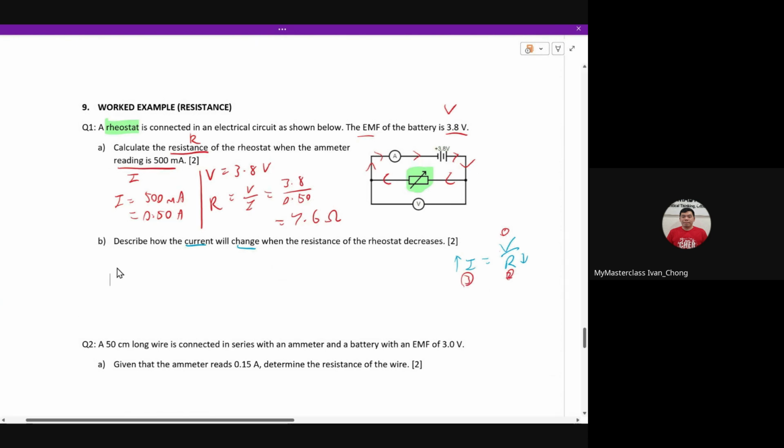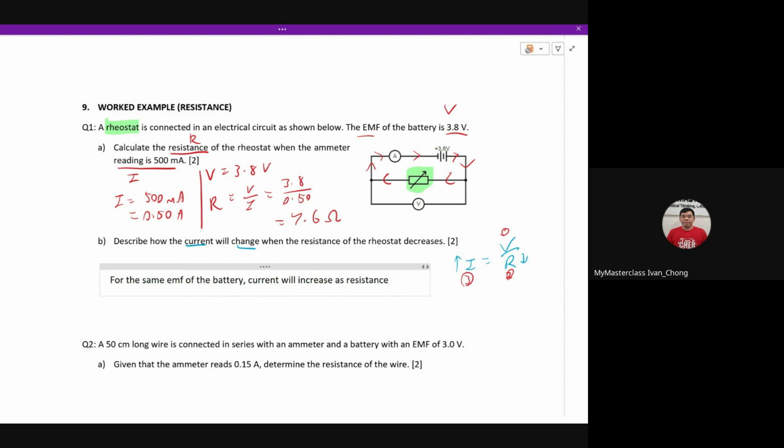So for the same EMF of the battery, current will increase as resistance decreases. So you can see I wrote this very, very briefly. What you want to say, to be more specific, is the resistance of the rheostat. Now, why do I need to write so much like this?